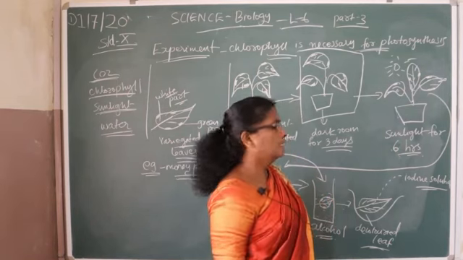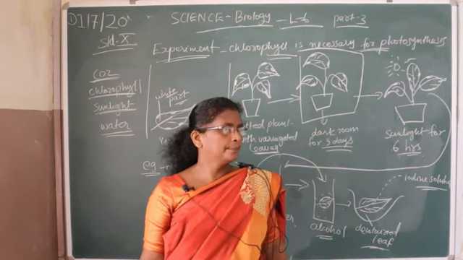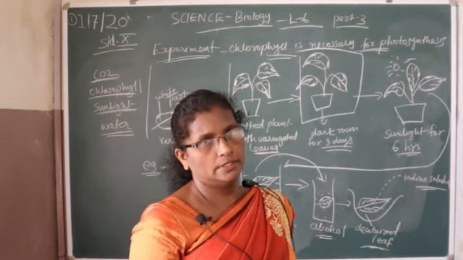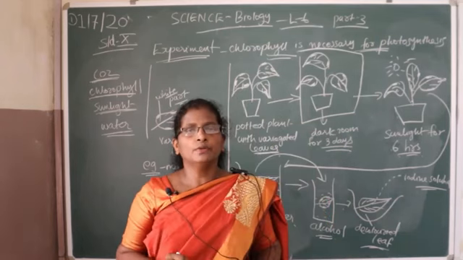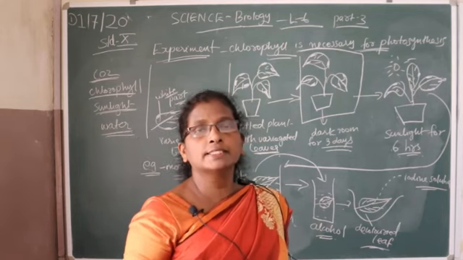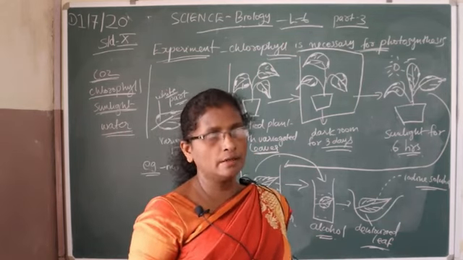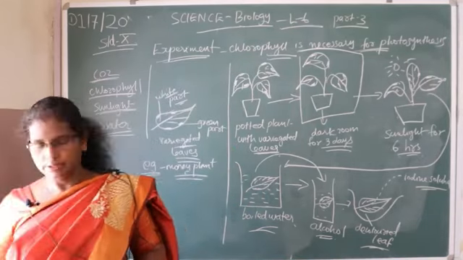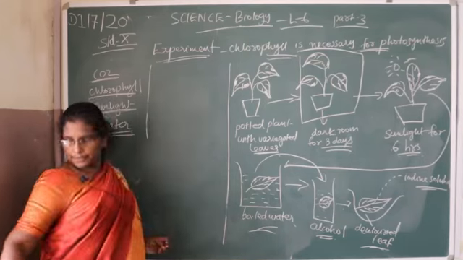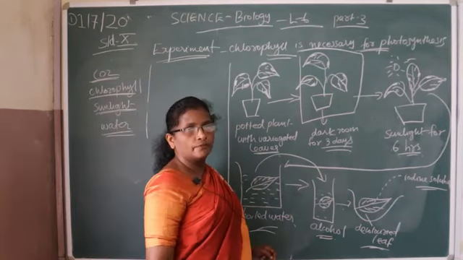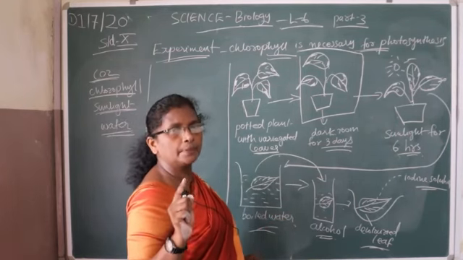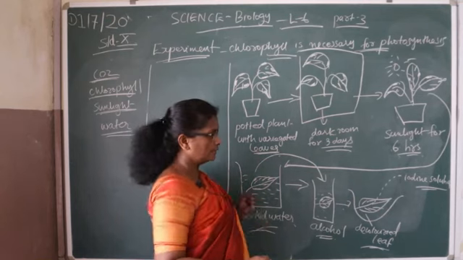Now we test the presence of starch in the leaf. In smaller classes, you learned that in the presence of iodine, starch becomes dark blue-black in color. Where starch is present, that part becomes dark blue.